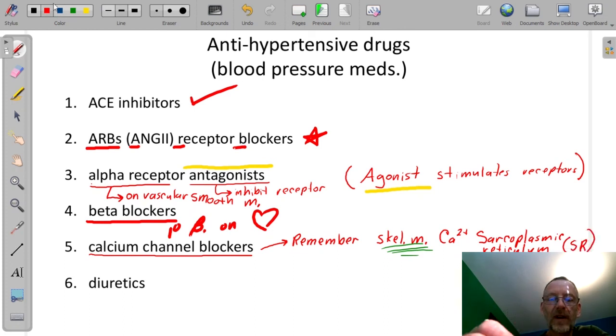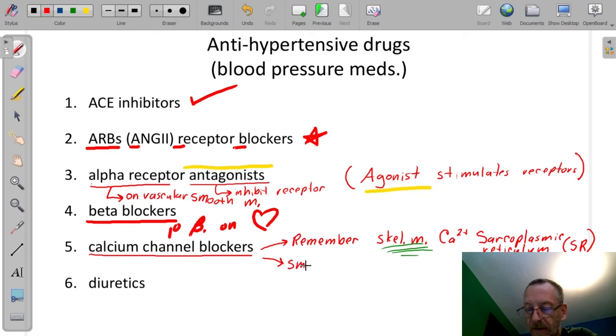In smooth muscle and cardiac muscle, some of the calcium enters from the outside. There's a little bit that's in the sarcoplasmic reticulum of cardiac muscle, but for the most part, in smooth muscle, the calcium enters from the outside.